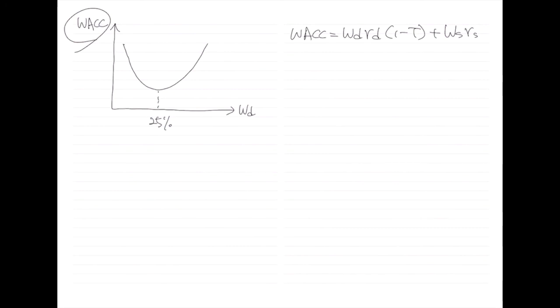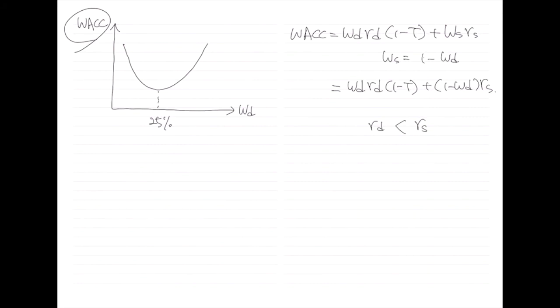In this case, we assume WS is 1 minus WD, so we can write it that way. And in most cases, the cost of debt RD is a smaller number than the cost of equity.